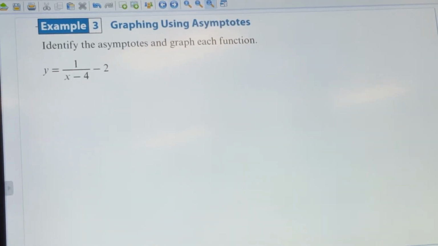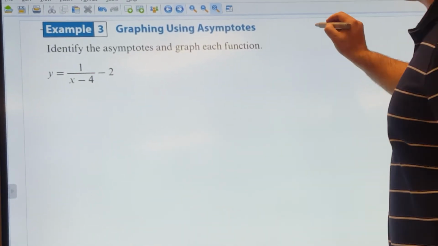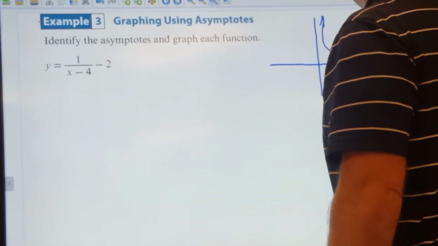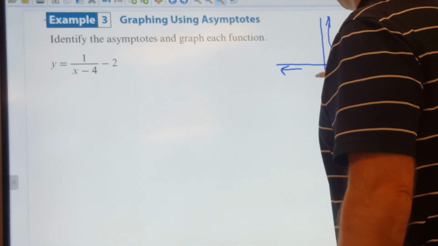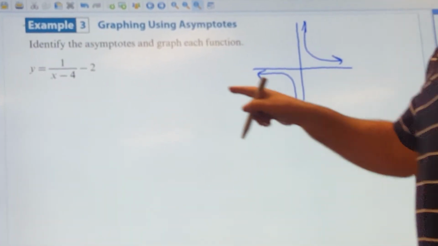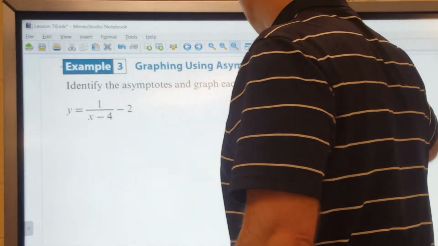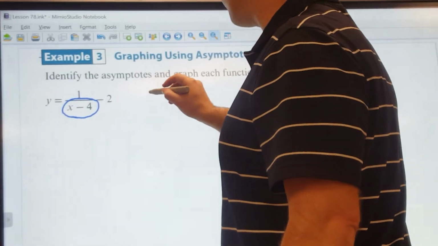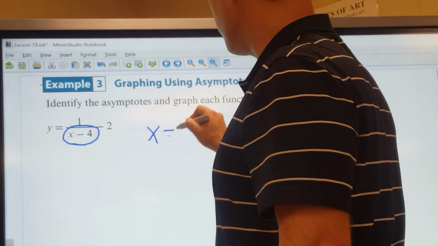All right, so let's take a look at this. If nothing else, what you need to remember is that 1 over x looks like this. That's the parent graph. This is in this form since x is in the denominator, so it's going to look like that. For the excluded value, what value will make that 0? X equals 4.